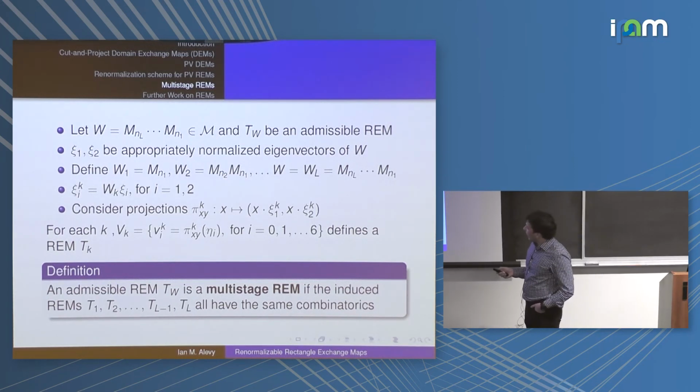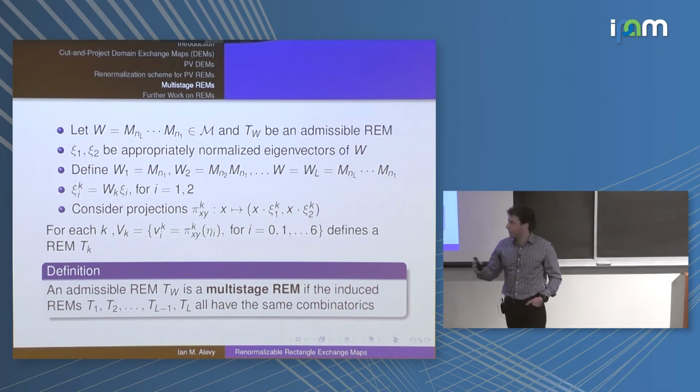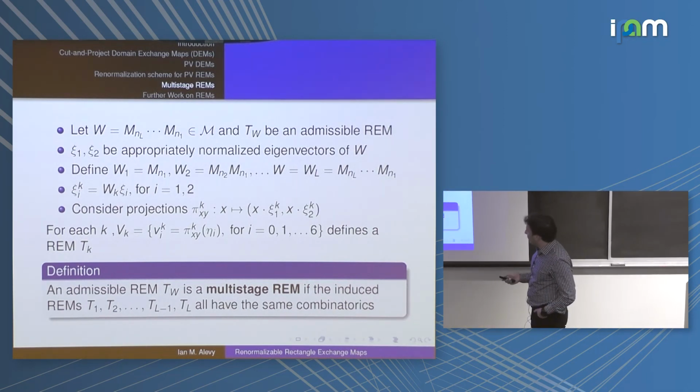And now I'm going to use the eigenvectors c1 and c2 of W to define projections onto the xy plane, which are going to give me the translation vectors of each REM in my sequence. So I have to define these partial products.